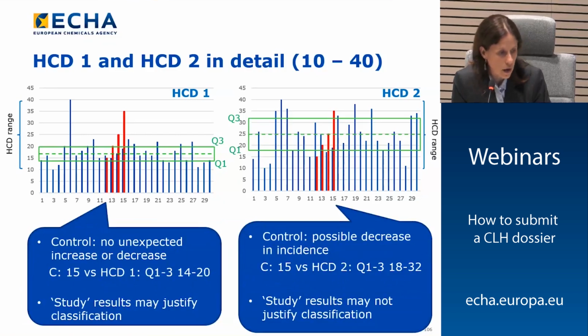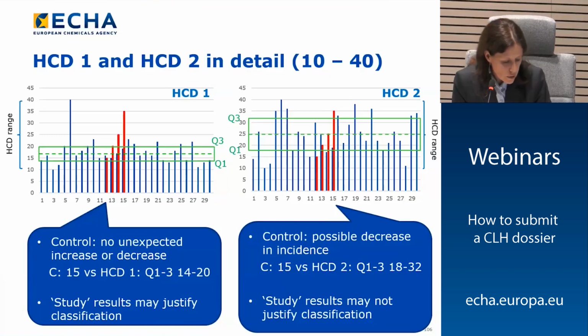This value was 15, and it fits quite nicely in between the quartile 1 and quartile 3, which are between 14 and 20. So it's perfect. And we have the mid dose that is above this quartile 1 to 3, as is the high dose. So what can you say? In this case, the study result may justify classification.